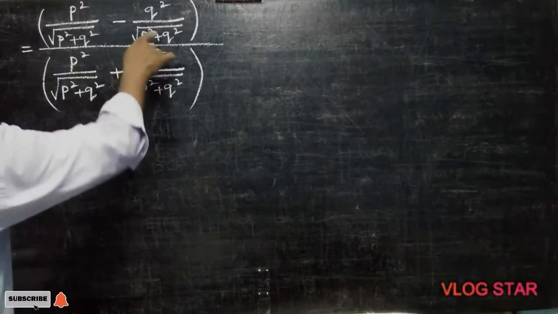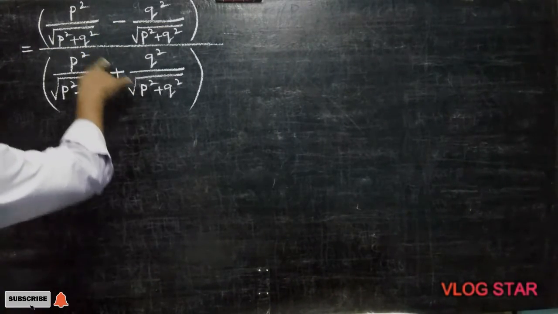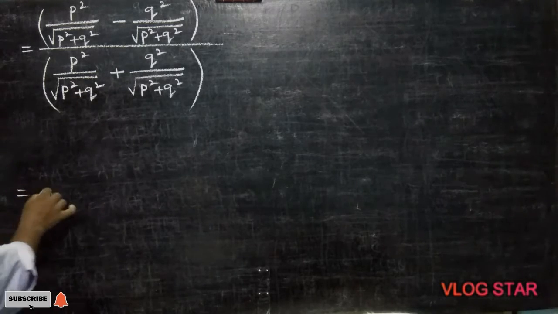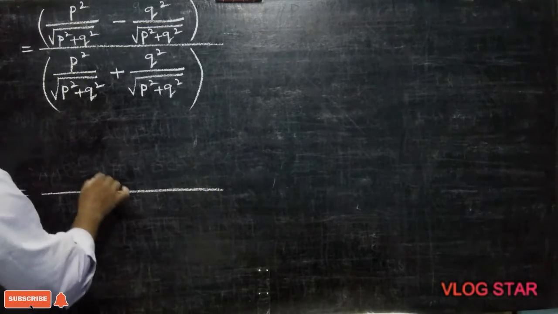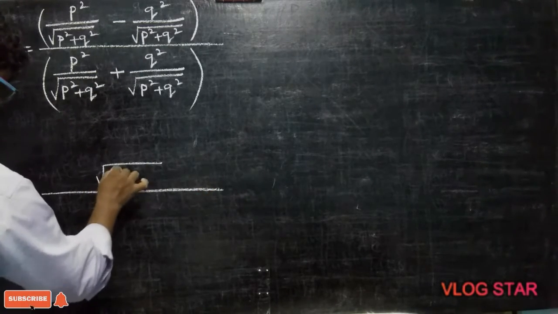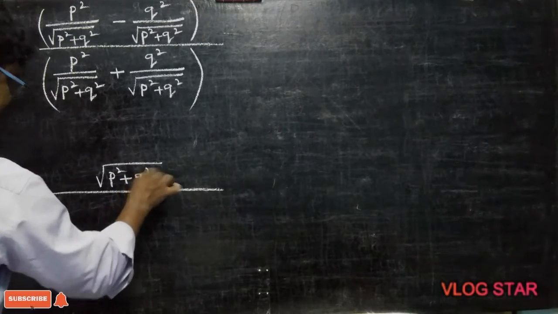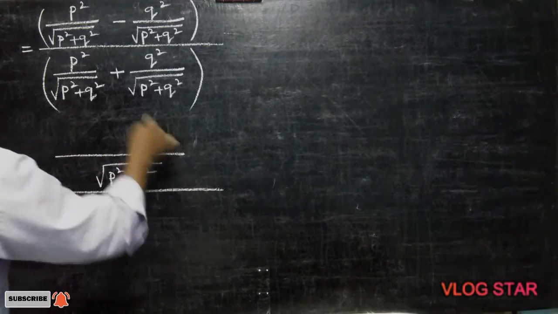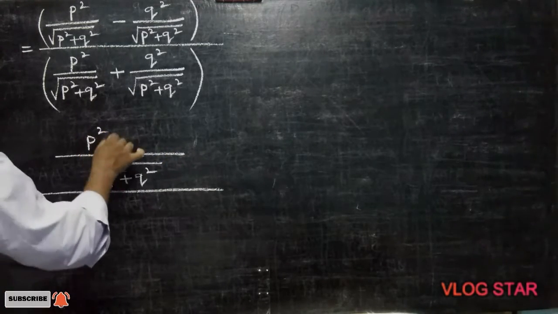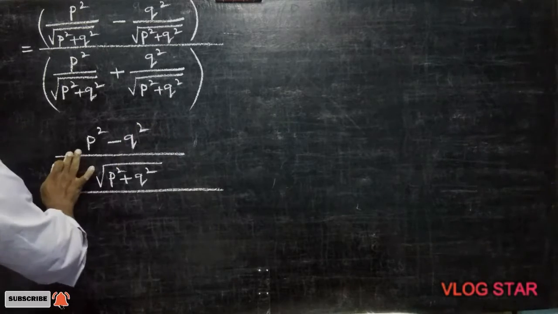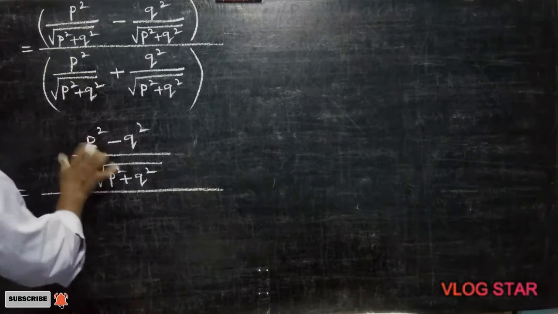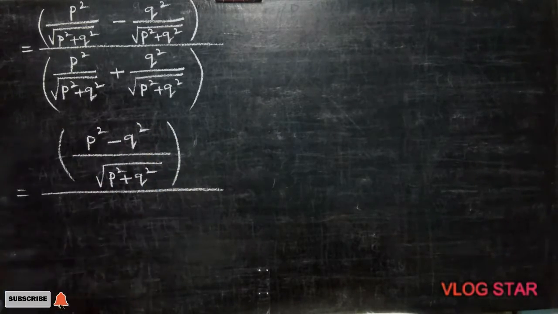Now in the numerator minus is there, in the denominator plus is there. Take LCM. What will be the LCM? Square root of p square plus q square is the LCM. Able to follow? So p square minus q square is the numerator. Keep bracket. Come to the denominator.